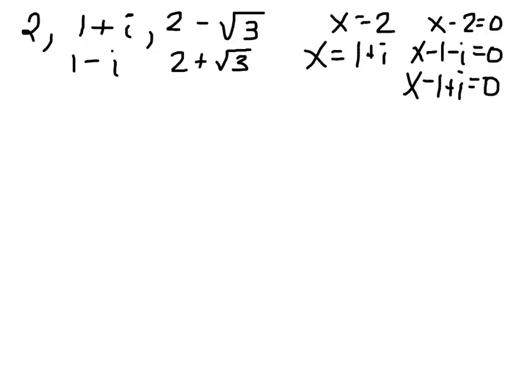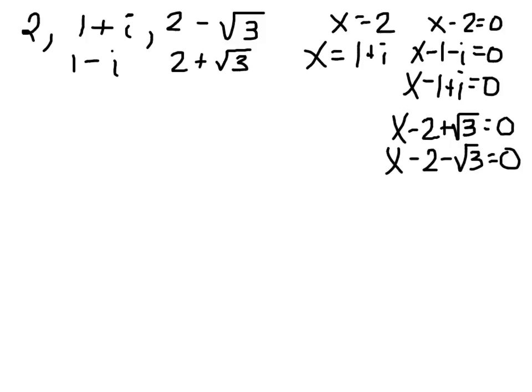What are the square roots going to look like? x minus 2 plus root 3, and x minus 2 minus root 3. Okay, again, if I set each of those equal to x and then moved everything over, that's what I would have.